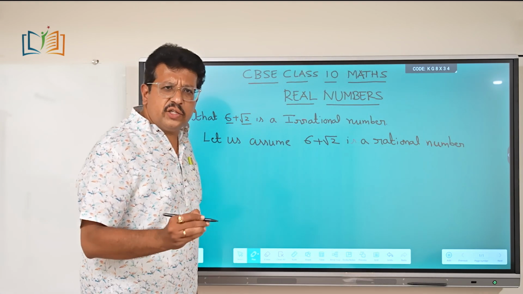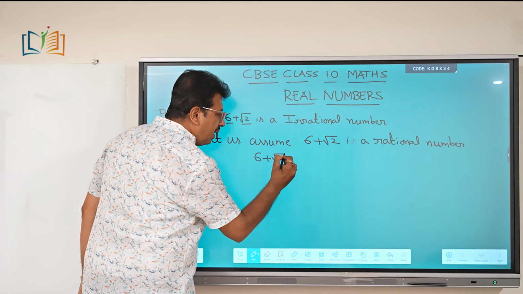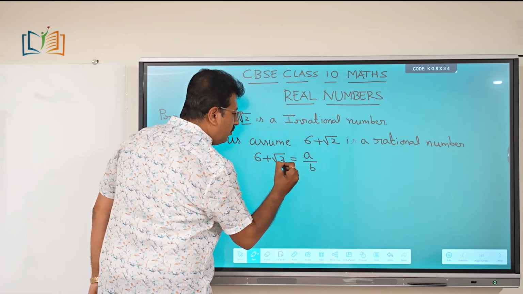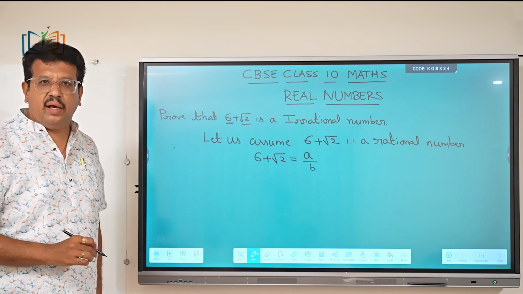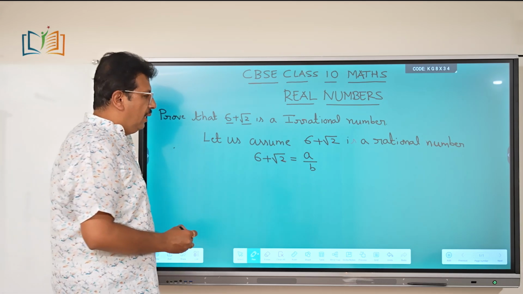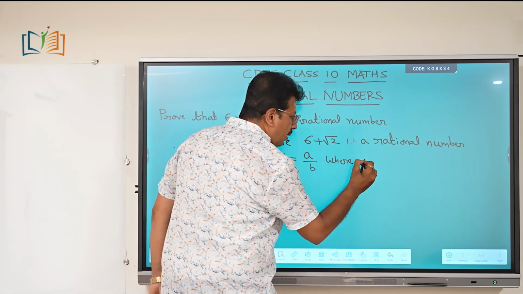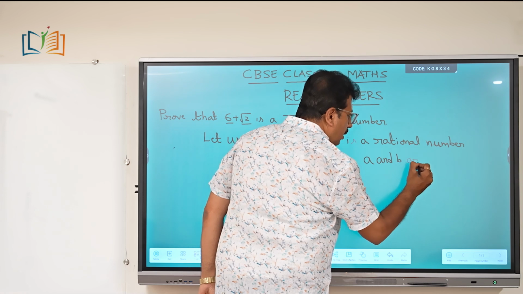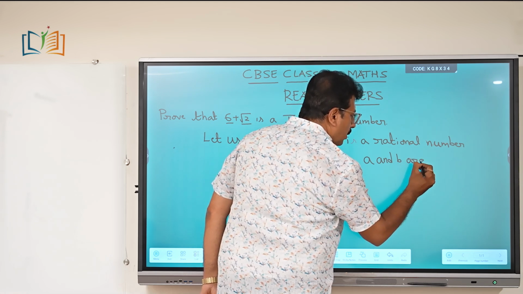So if you assume it's a rational number, what will you write, as you already did in the previous example? You will write it as a by b, because it's a rational number. We will write a by b as usual, where a and b are co-primes.